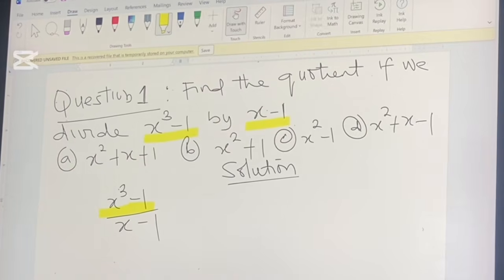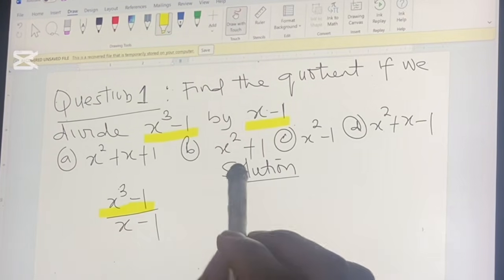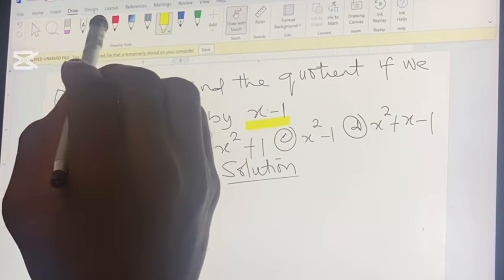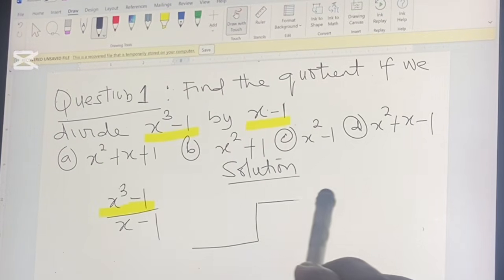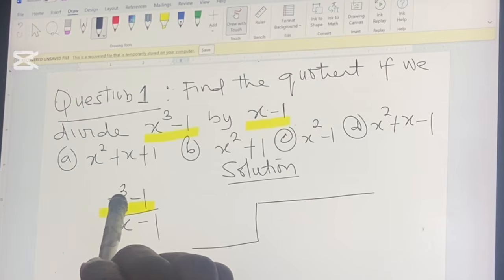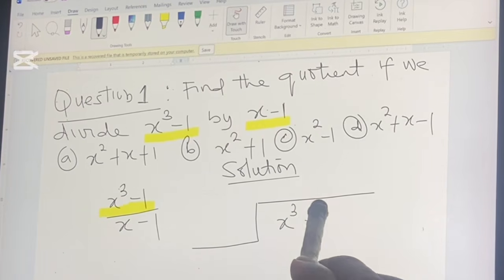Of course, this numerator is a polynomial. Whenever we are dividing polynomials, we apply remainder theorem. I will create the long division line here. The numerator part will be inside, that is s raised to the power of 3 minus 1.